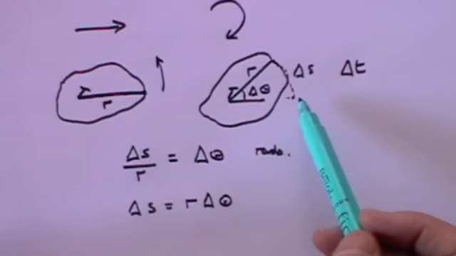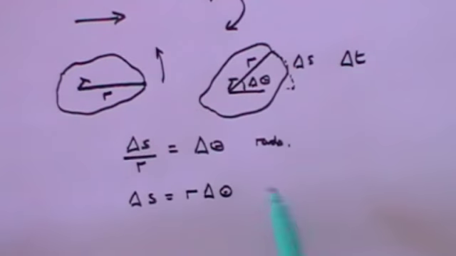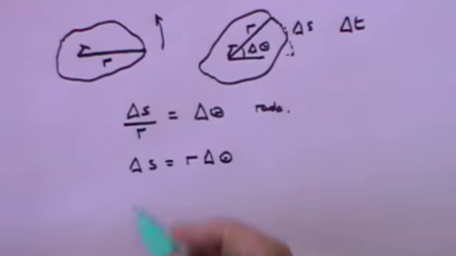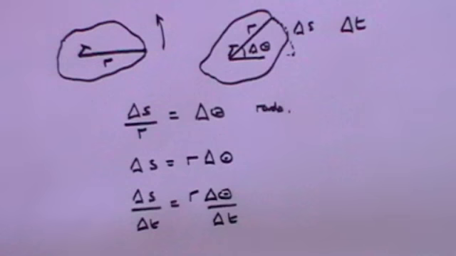Now, we covered the distance delta S in a time delta t. So let's divide both sides of this equation by delta t. Delta S divided by delta t equals r delta theta divided by delta t.